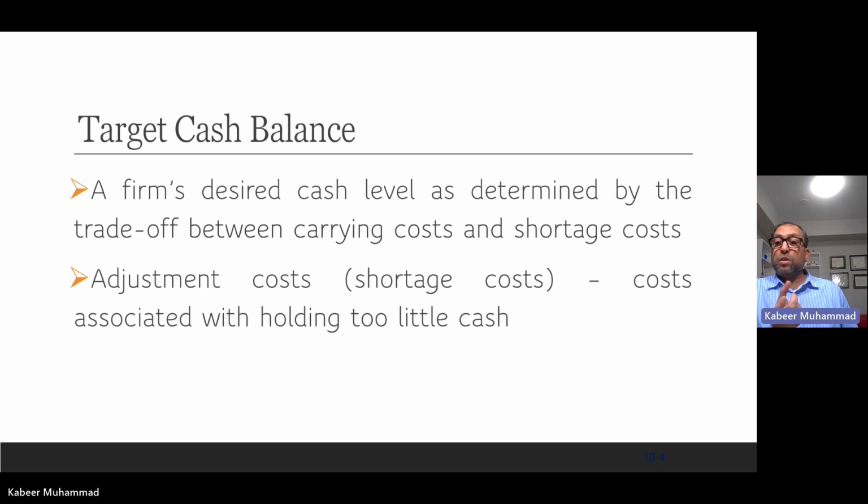You lose customers. That is going to affect you negatively. Sometimes you do not correctly anticipate your demand, and this way you lose that opportunity. So this is what we call a shortage cost. So carrying cost and shortage cost apply for cash as well.